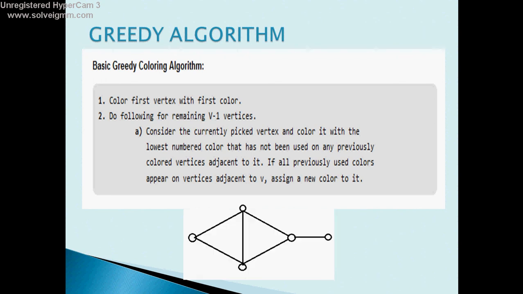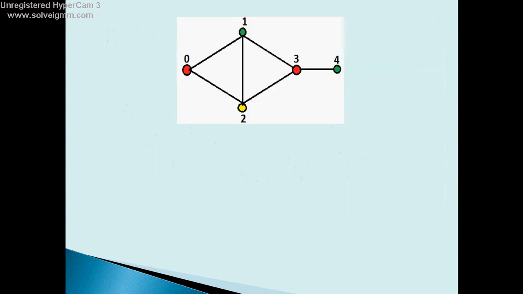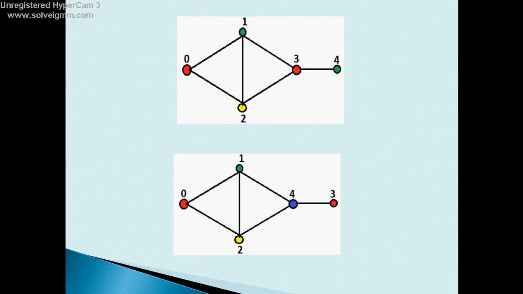Consider this example. We can color this graph like 0, 1, 2, 3 and 4. So, in this way, we have used 4 colors. But this graph can also be colored like this: 0, 1, 2, 3 and 4.